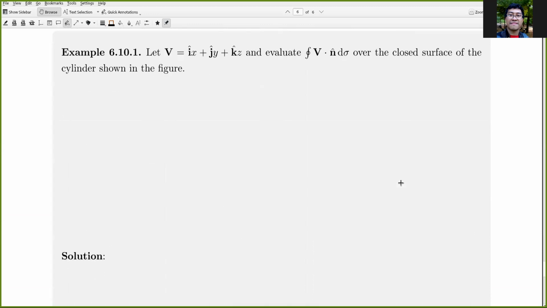Let's consider an example. Let v be given by x, y, z, with components x, y, and z along the x, y, and z directions respectively. Evaluate this over the closed surface of the cylinder shown in the figure. So suppose this is our cylinder. The cylinder has radius a and height h, and it is positioned such that the bottom center is at the origin.